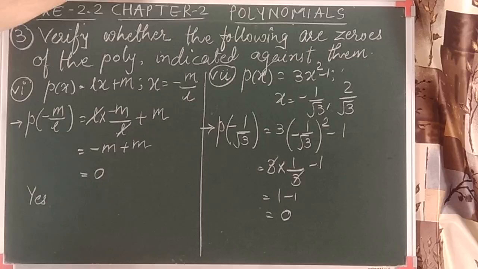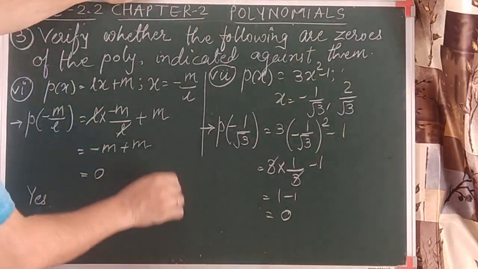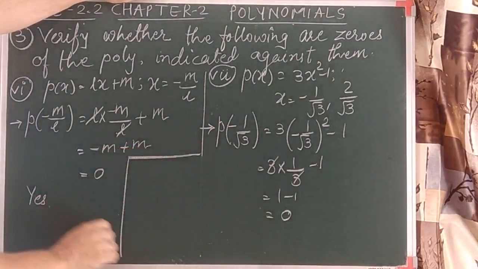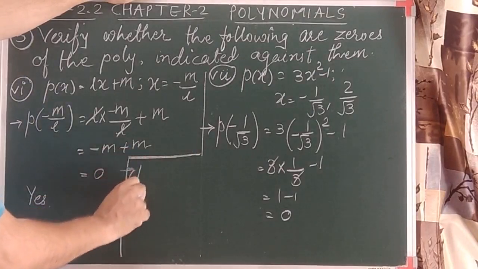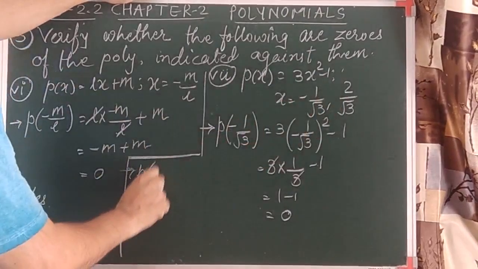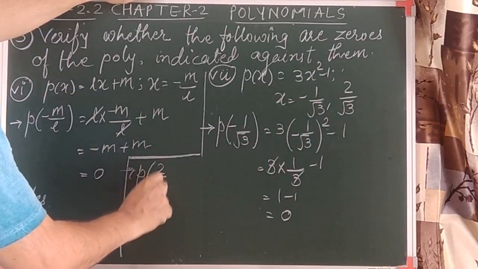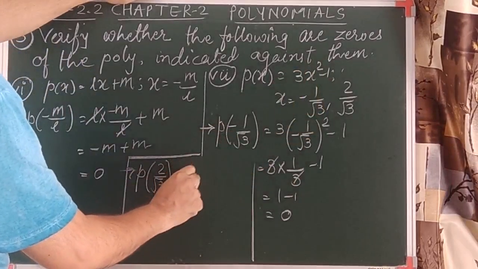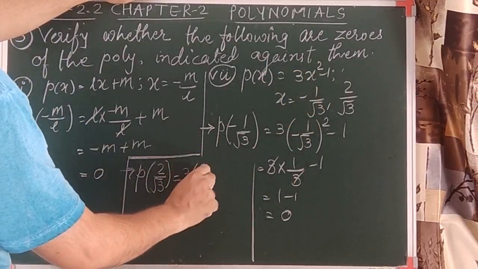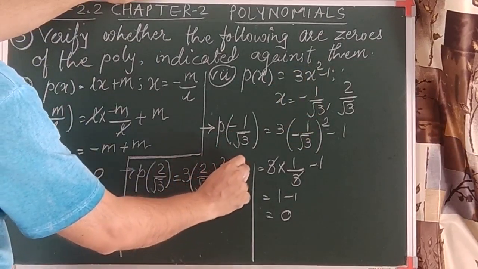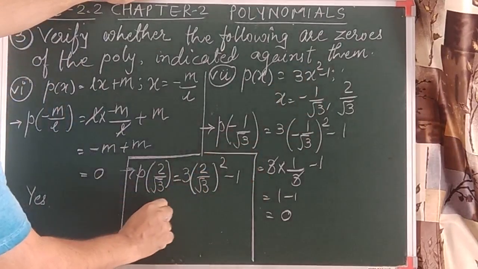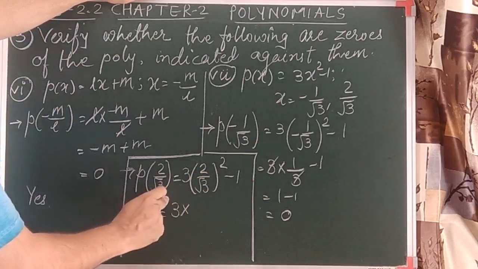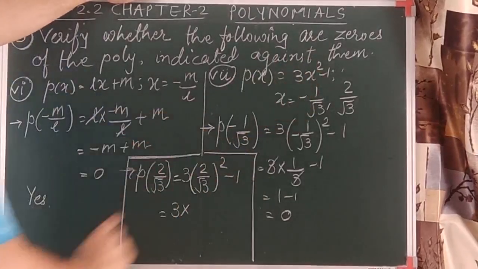Let us do the same way. Let us simplify this for the value x is 2 upon root 3. Let us substitute the value of x as 2 upon root 3 in the given polynomial. 2 upon root 3 the whole square minus 1. I have substituted the value of x in the given polynomial.